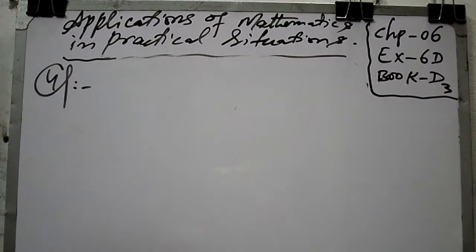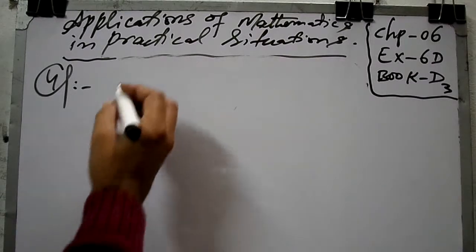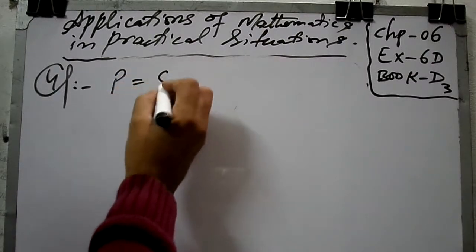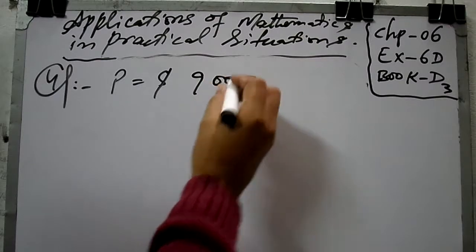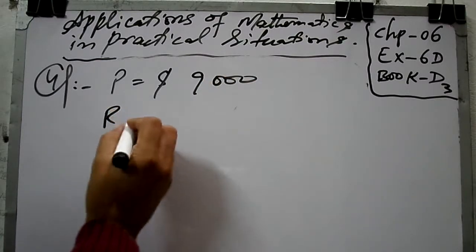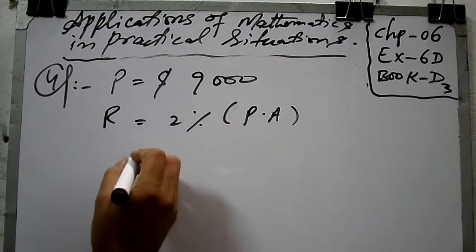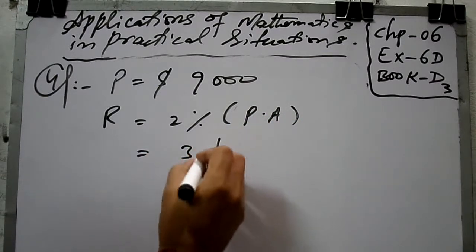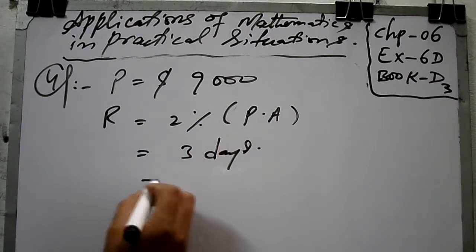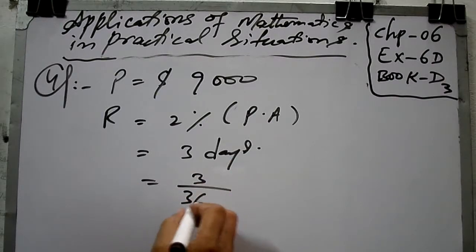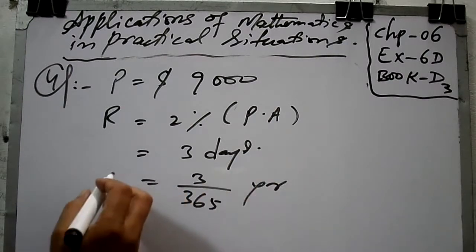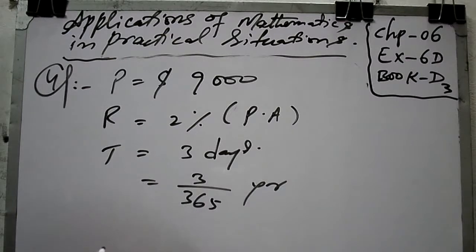One year is equal to 365 days, it is given in your textbook. So the principal amount is $9,000, the rate of interest is 2% per annum, and the time is 3 days, that is 3 divided by 365 years.